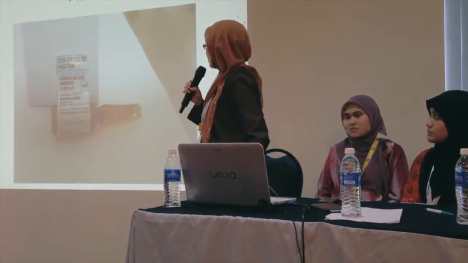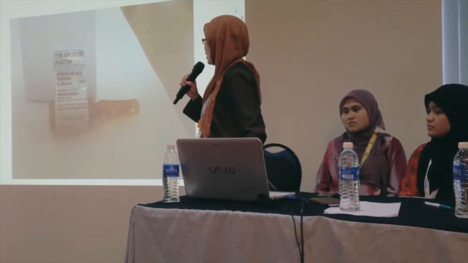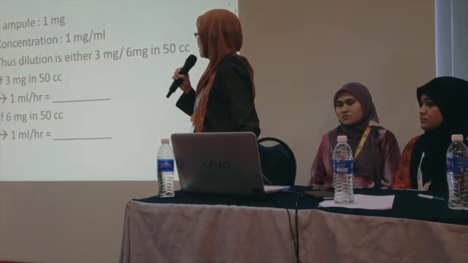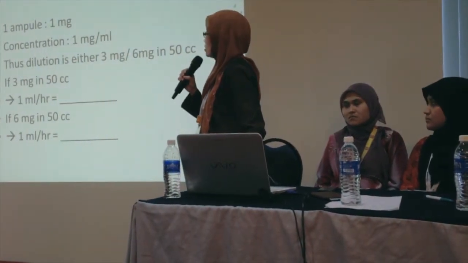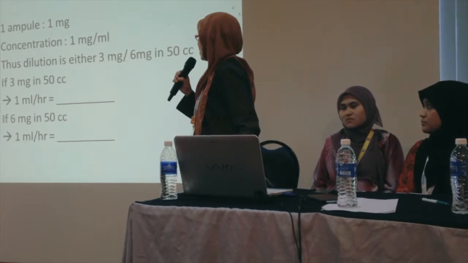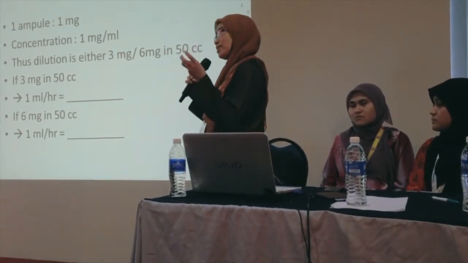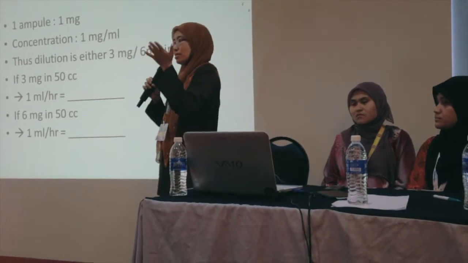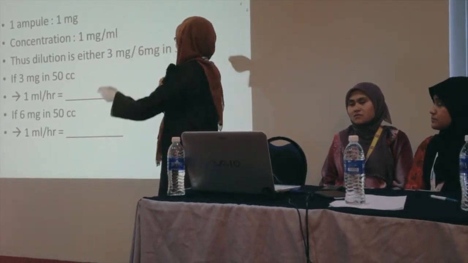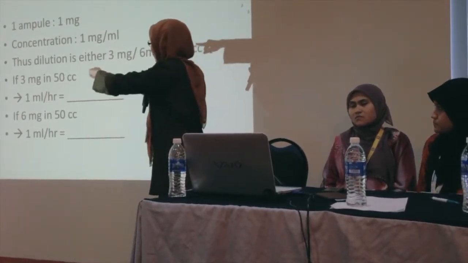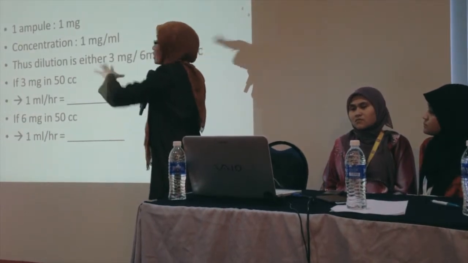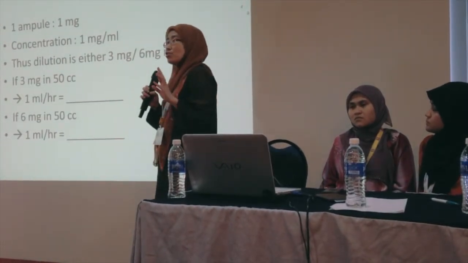So kadang-kadang rarely we use adrenaline. So adrenaline 1 mg per ml. Jadi dilution yang kita guna either 3 mg or 6 mg. So 3 mg means 3 ampules, 6 mg 6 ampules. So kita dilute in 50 cc. So if 3 mg in 50 cc, kita assume the same formula as noradrenaline.